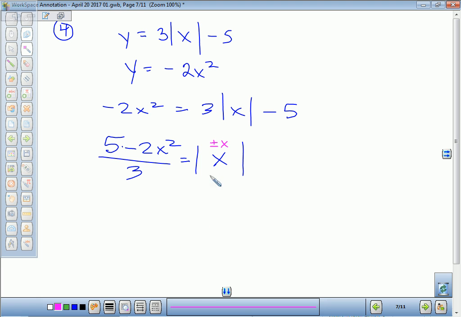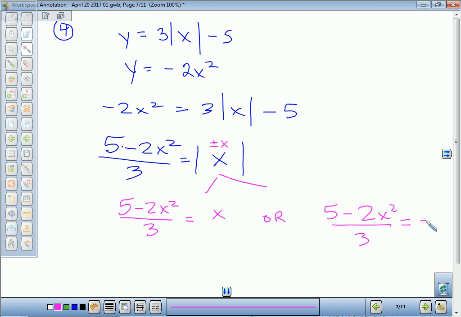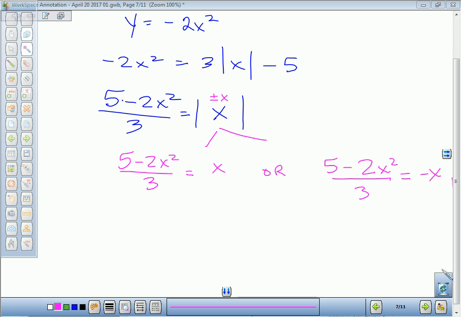So that's what we do right here. We'd split it into the two possibilities. This stuff can either equal positive x, or this stuff might also be able to equal negative x. Maybe. We're going to have to test at the end to see what works.